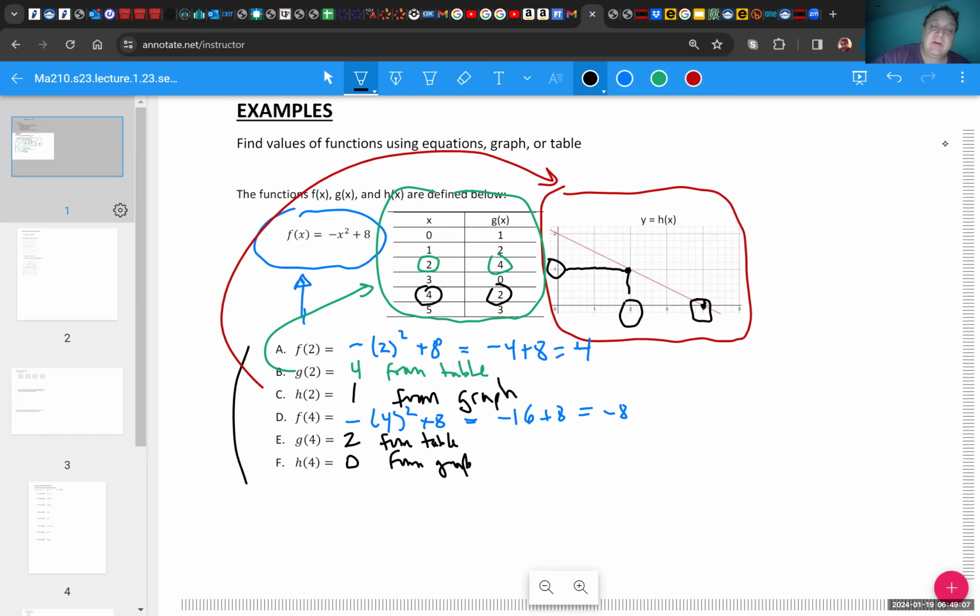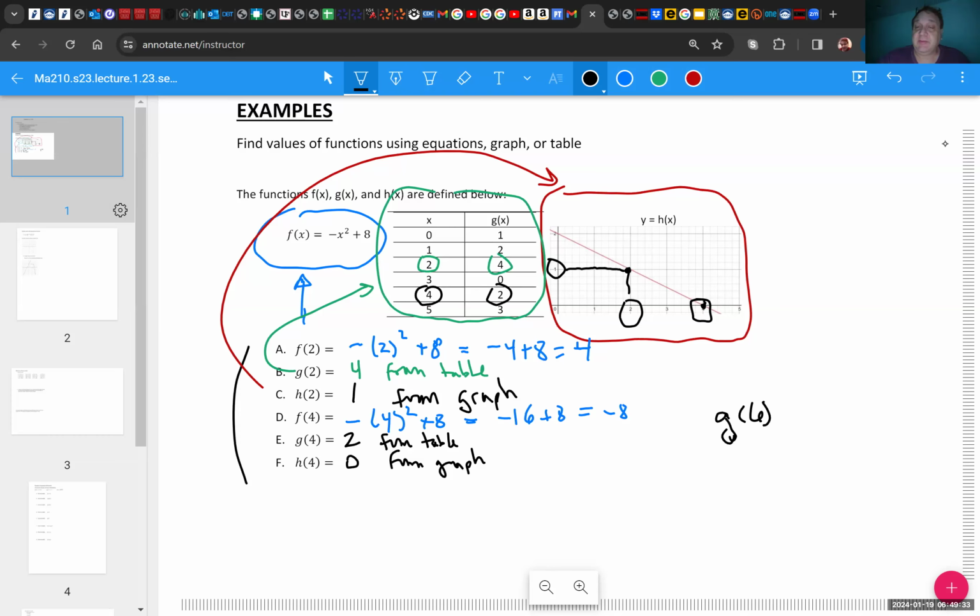So just as an aside, tables and graphs are limited. If I was asking for the value of g(6), there's no x equals 6 listed on the table.